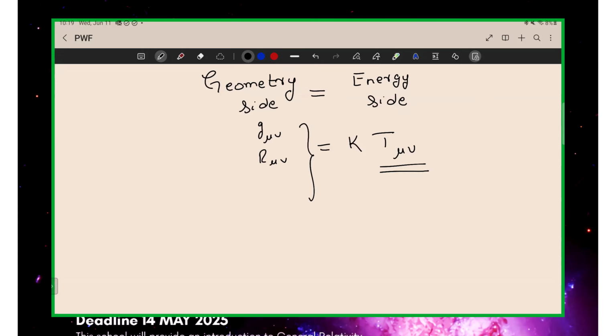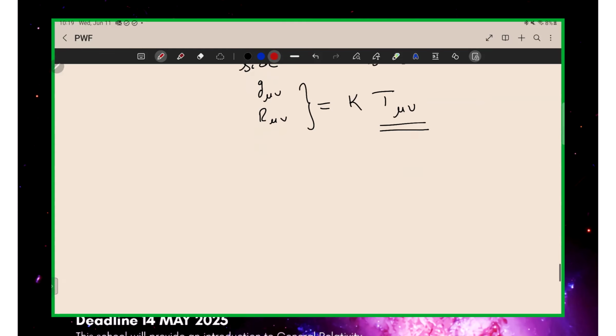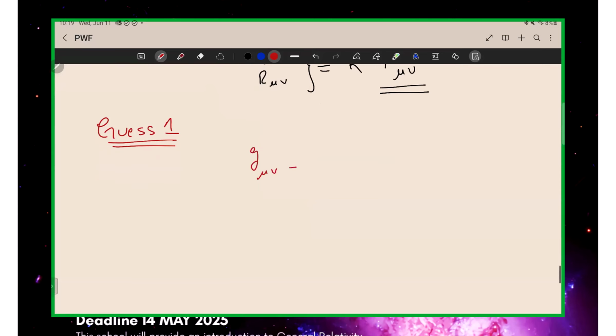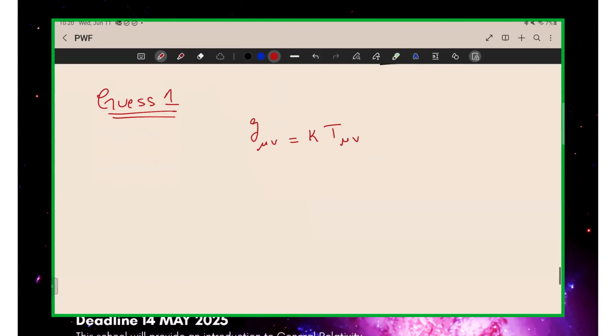Well, does any of them work? Let's start with the metric tensor. Let's call it guess one, the metric tensor. Now, if we use our physical intuition, suppose that there is a case where space time has no matter, no energy, no momentum whatsoever in it, that would mean that you have a vacuum, right?